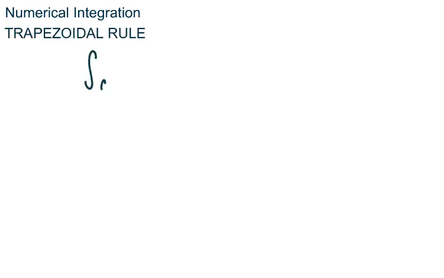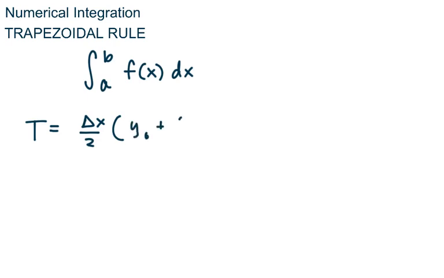So if we have the integral on some closed interval from a to b of a function that is very difficult for us to integrate, the trapezoidal rule says that we can take delta x divided by 2 times all of these y output values: y sub 0 plus 2 of y sub 1 plus 2 of y sub 2, continuing along, plus 2 of y sub n minus 1 plus y sub n.